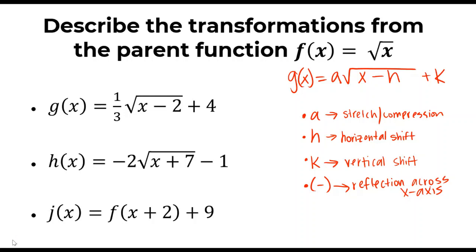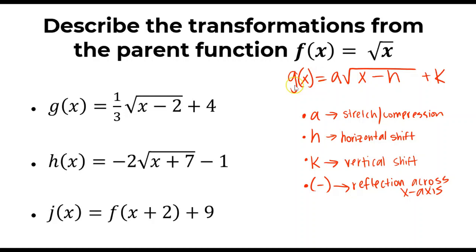The general equation says g of x is equal to a times the square root of x minus h plus k, where a is the stretch or compression of the graph, h is the horizontal shift, whether it's moved left or right, k is the vertical shift, whether it's moved up or down, and if there's a negative in front, then that means that there has been a reflection across the x-axis.